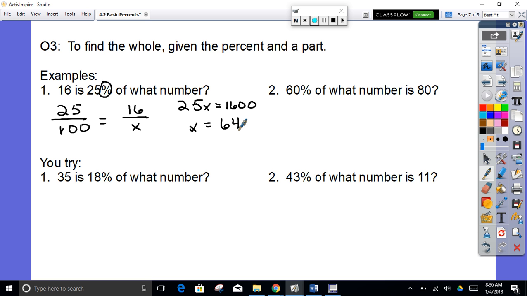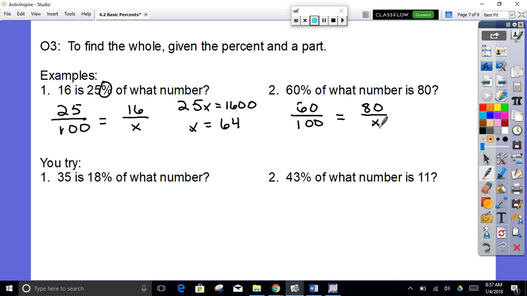Okay, number 2. This one is worded a little bit differently, but we're still given the percent, 60% of what number, that's what we don't know, is 80. So 60% of something results in 80. So we do percent over 100 equals part over whole.